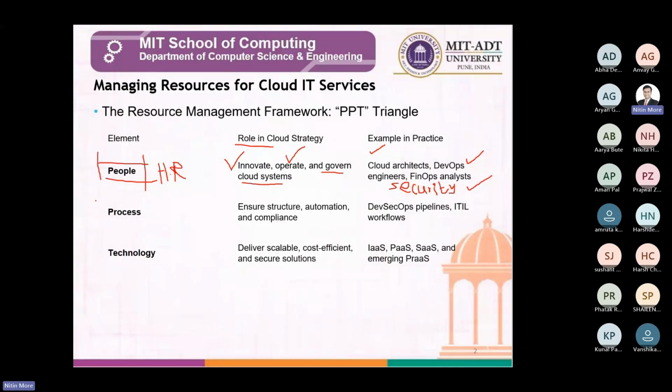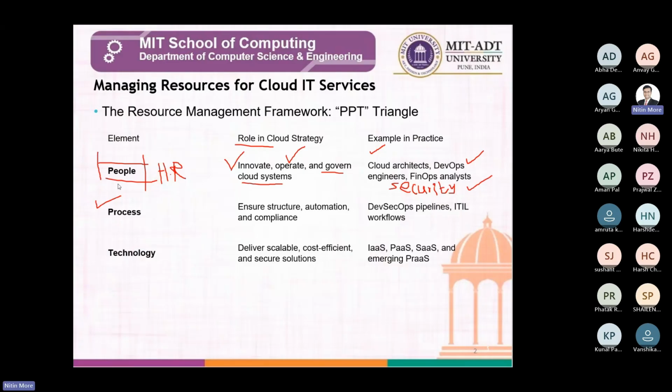Now let's talk about the process. Process defines how the work is going to be done. If as an organization we want to achieve some targets, some goals, we must focus first on the processes, the system which we are going to put in place for achieving those goals or objectives.